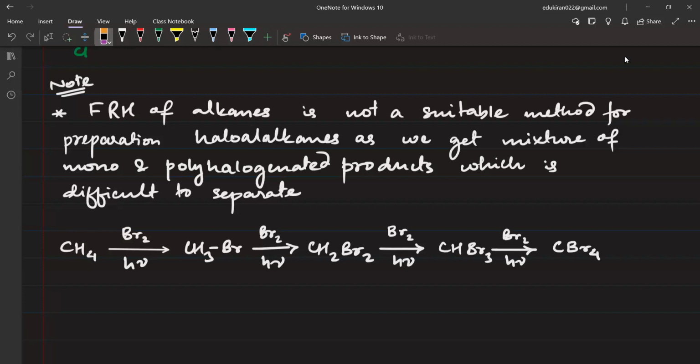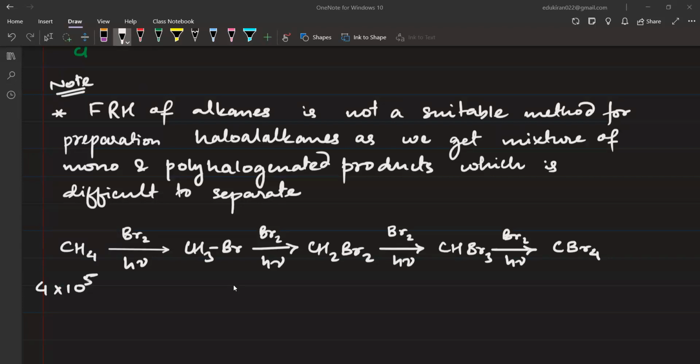All CH3Br, for example, if I start with 10 to the power 5, it will be easy if I start with 4 into 10 to the power 5. So I'm starting with 4 lakh molecules. Let us suppose half of it gets converted.